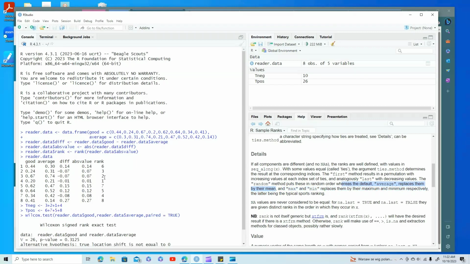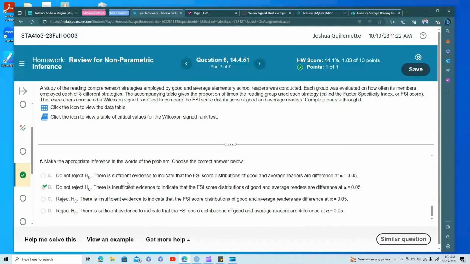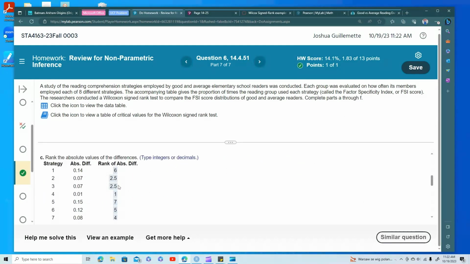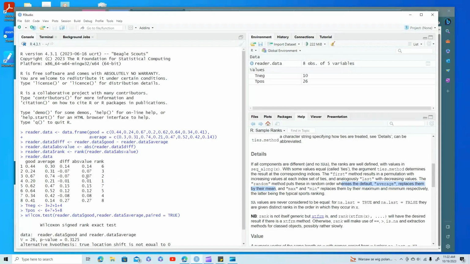I do not know why it is not replacing them by the means here. I have seen it do 2.5, 2.5, but the only place here in my test, it does want the 2.5 and the 2.5, and so I do need to recognize that these are tied, and I need to take the average of 2 and 3, which would be the 2.5.